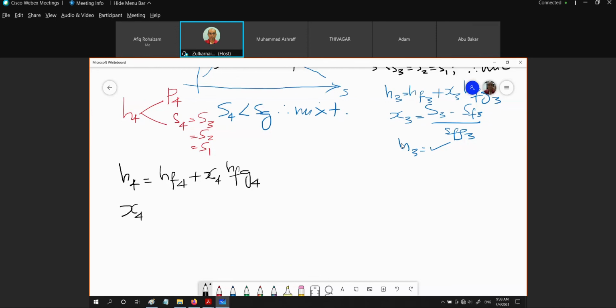X4 is equal to S4 minus SF4 divided by SFG4. And once you get your X4, then you will get your H4.